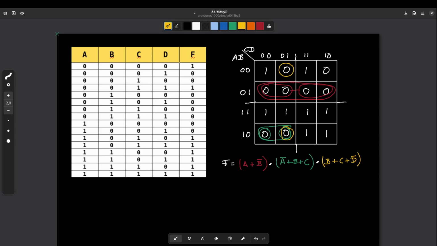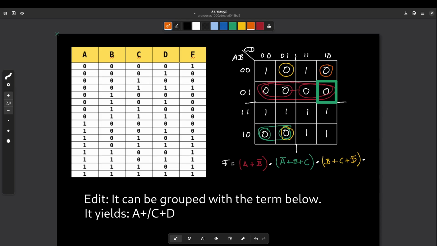And the remaining term, which is this one, this term doesn't have another logically adjacent term next to it, so I cannot minimize it. So I will write it as A or B, which are variables that don't change, okay?